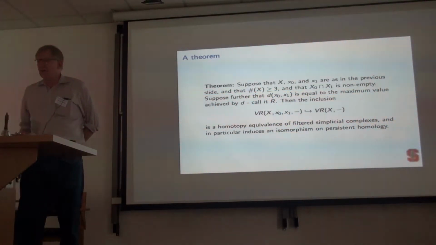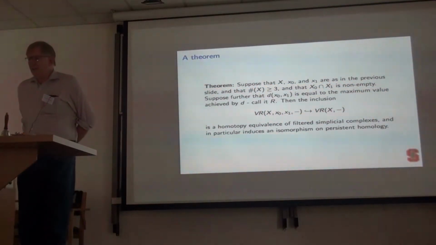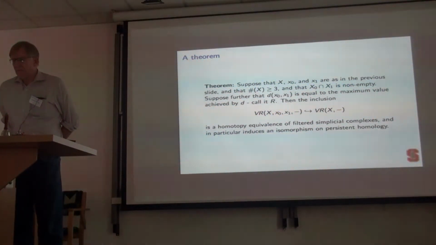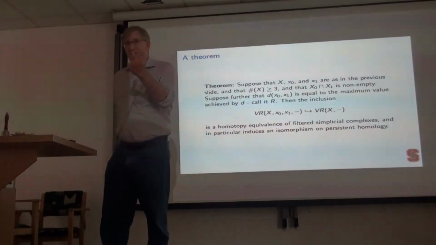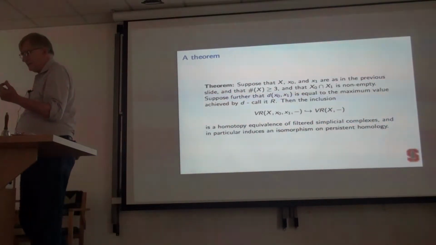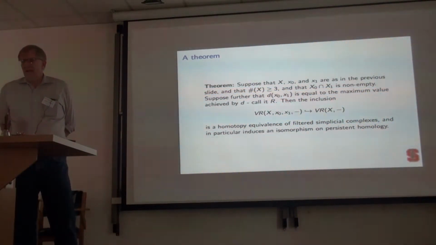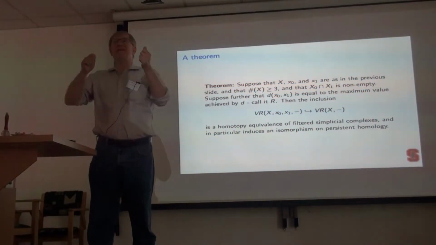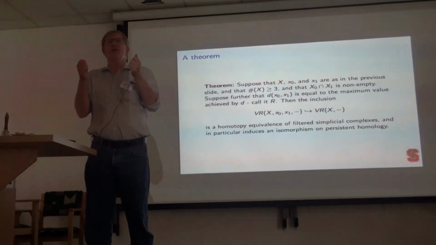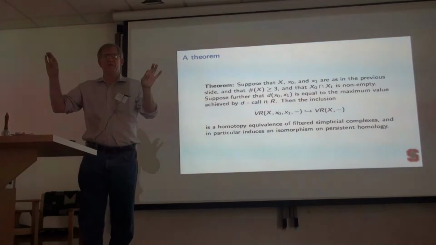Okay, so now here's the theorem. Suppose that X, x0 and x1 are as in the previous slide, and also suppose that the cardinality of X is 3 or bigger. So in other words, it doesn't just consist of x0 and x1, which means that the intersection is non-empty. And suppose also that these two points, x0 and x1, maximize the distance function, so they are two points that are maximally far apart within the metric space.